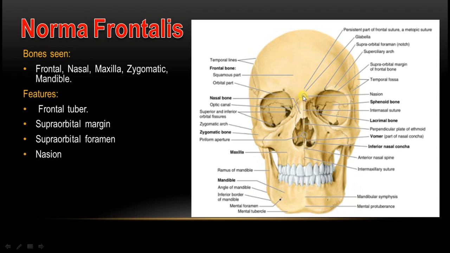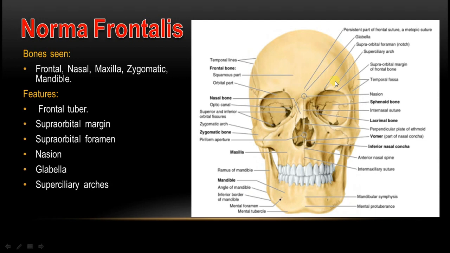Above the glabella and above the supraorbital margin, you see a raised area which is called the superciliary arch. The superciliary arch is the area where our eyebrows are present, and it is most prominent in males.